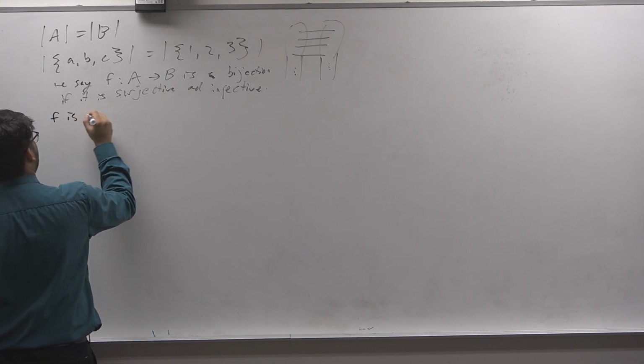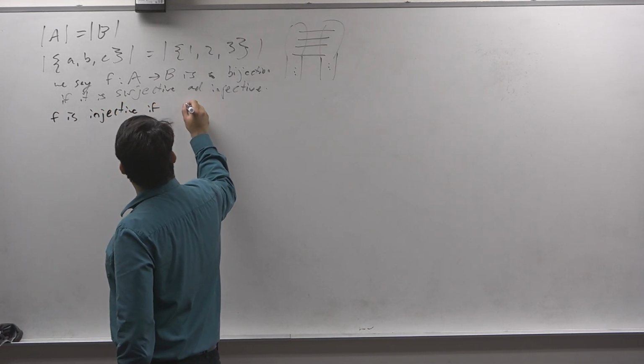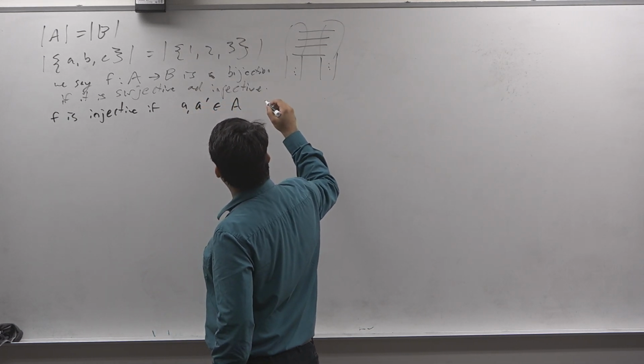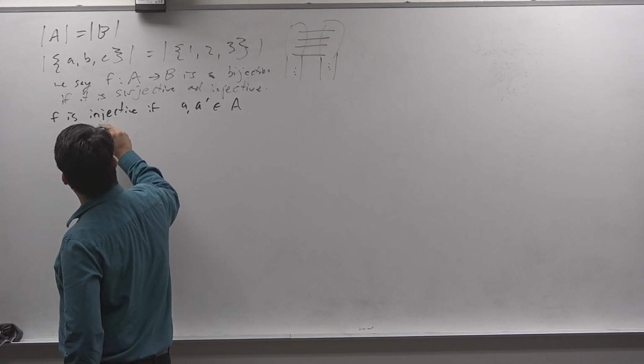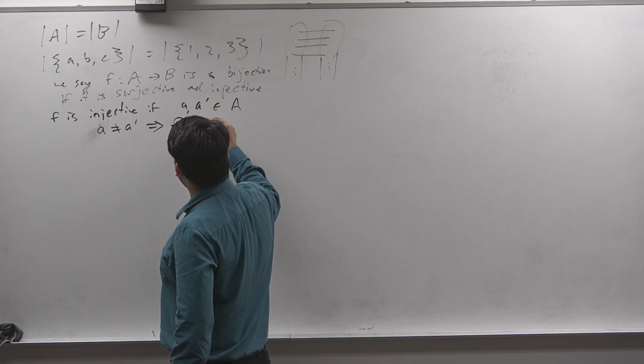F is injective if for A and A prime in A, it is true that distinctness in the domain implies distinctness in the codomain.